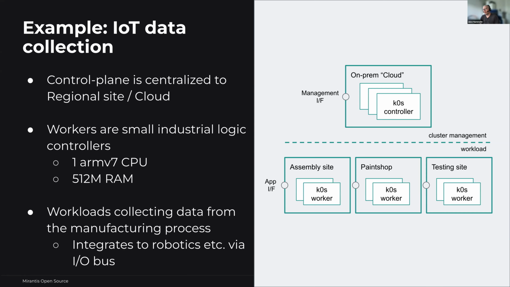The use case is basically that they want super fine-grained control on how they deploy applications and the workloads that are collecting data from different robotic systems and the machinery that's doing the assembly jobs and whatnot. So that's why the worker node is this industrial logic controller, which then through the IO bus connects to these robotic systems and whatnot.